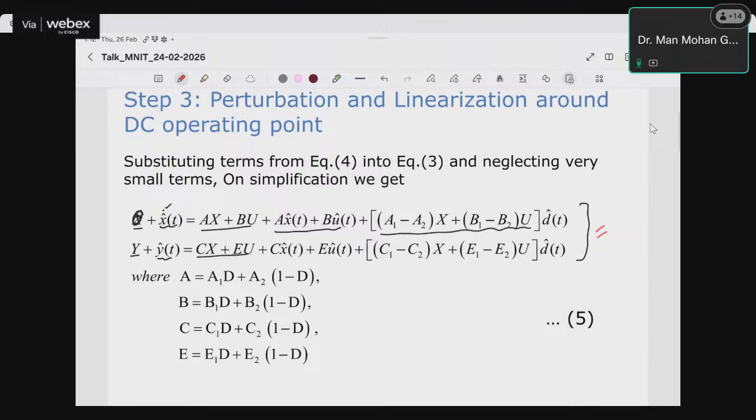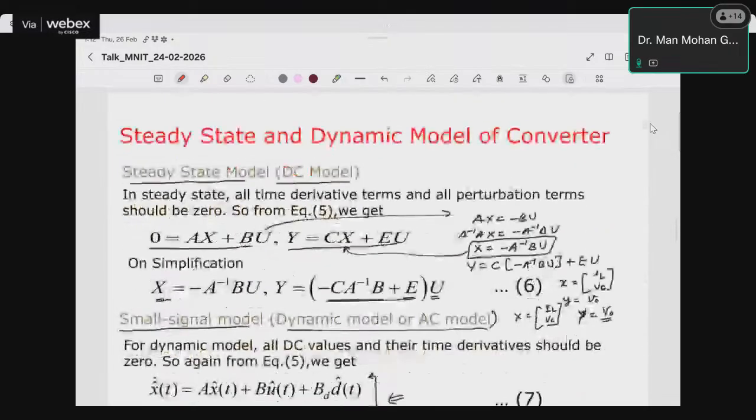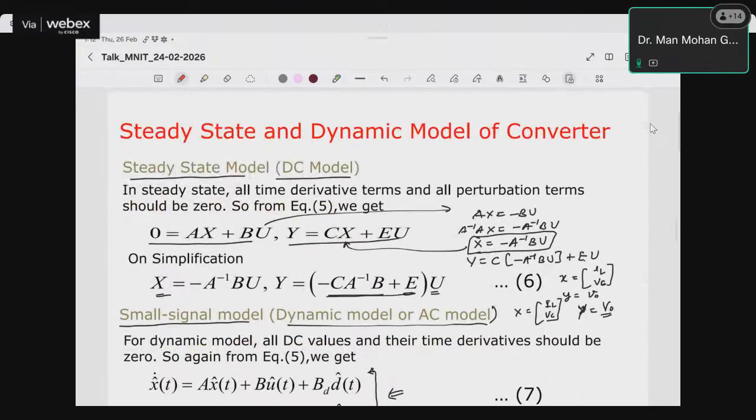So by comparing both sides of these equations, we can get the DC model and AC model. The steady state model or the DC model which we have obtained was like this: x = -A^-1 B u and y = (-C A^-1 B + E) u. This gives the DC state vectors and DC output vectors for the converter under test, right?